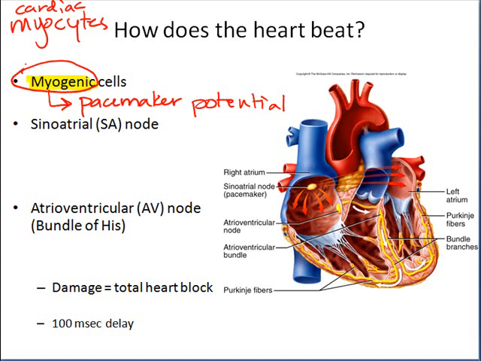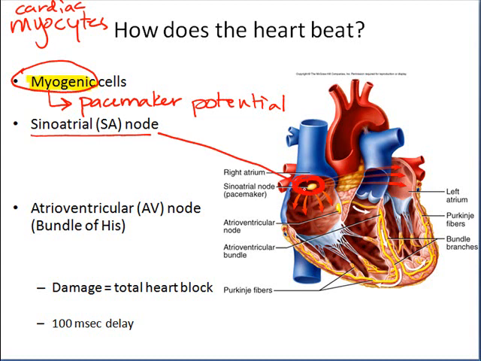The majority of the myogenic cells are located in a region of the right atrium called the sinoatrial node, or the SA node for short. And I'm circling it right here for you so you can see. The SA node is also called the pacemaker location of the heart.